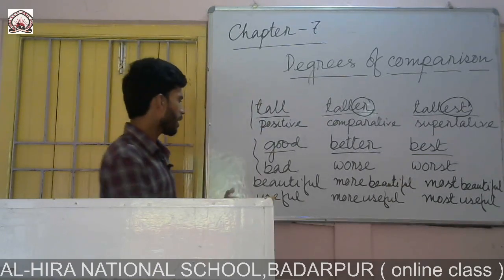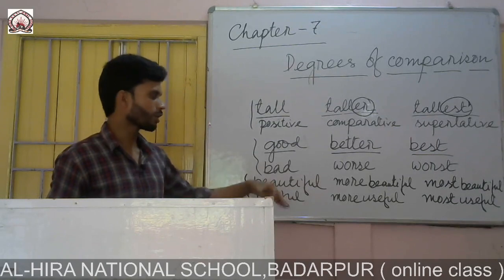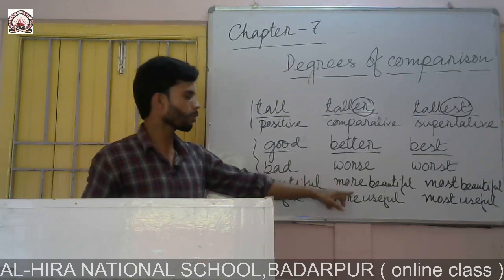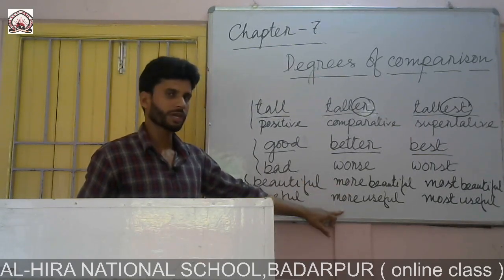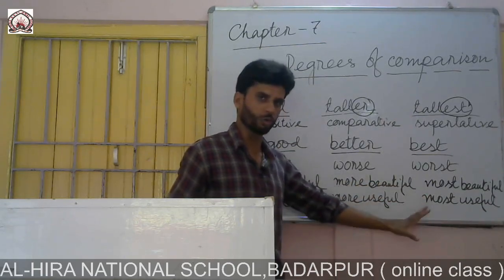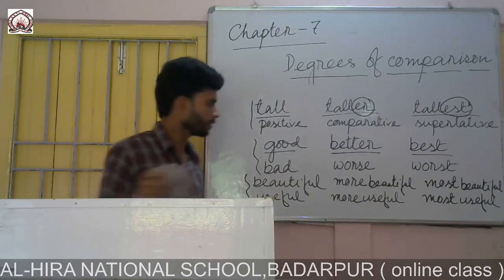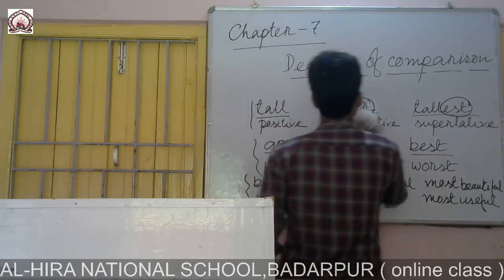In the last two cases, in case of comparative we added more, and to make superlative degree we used most. So, this is all about degrees of comparison in this chapter.